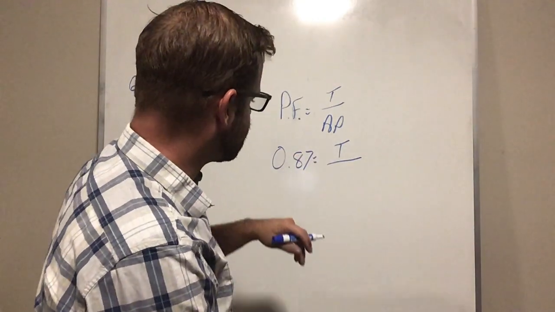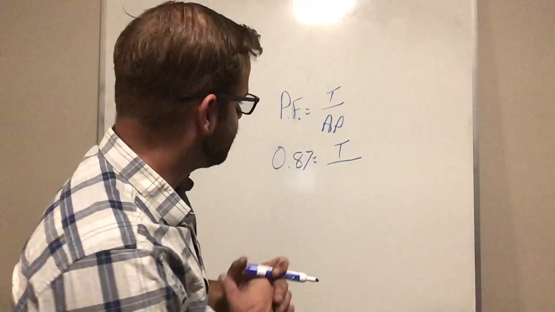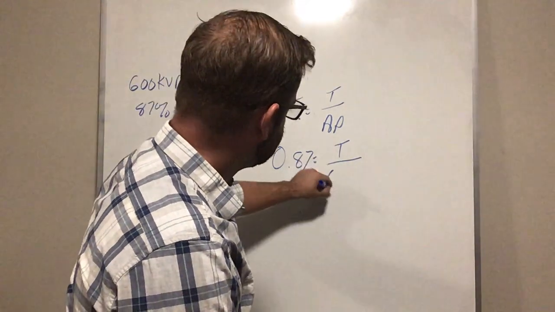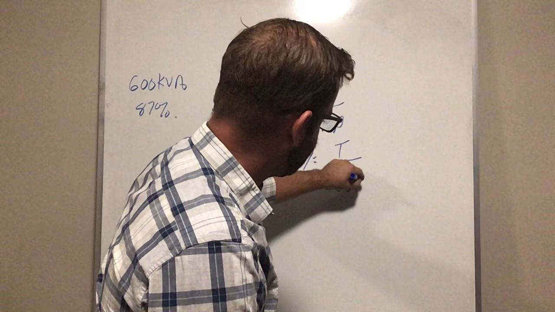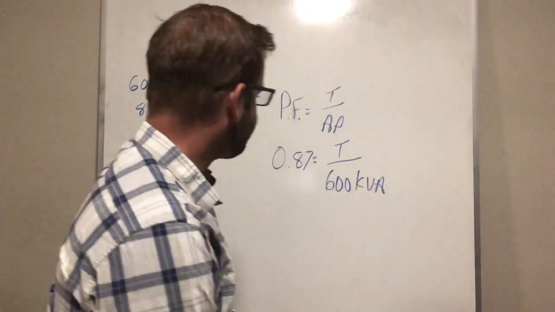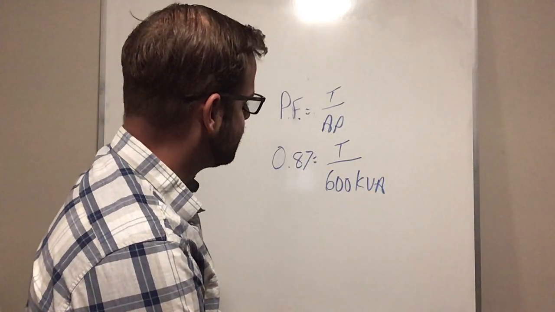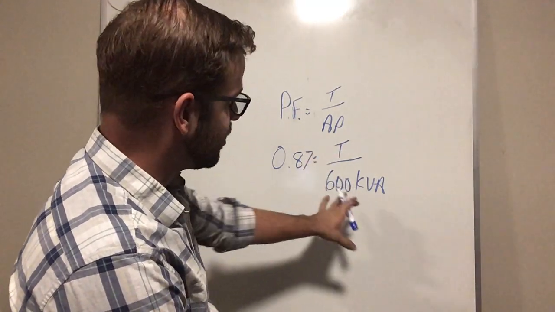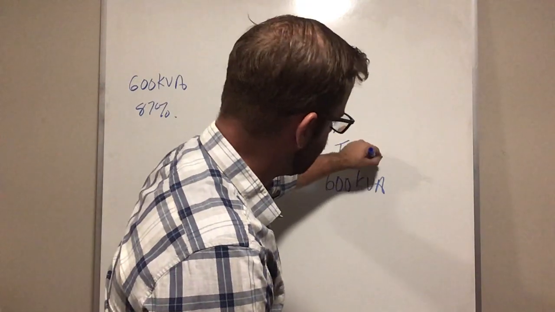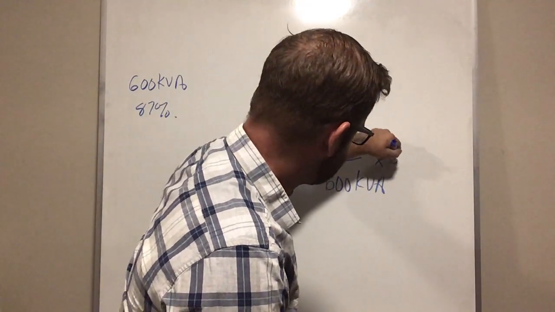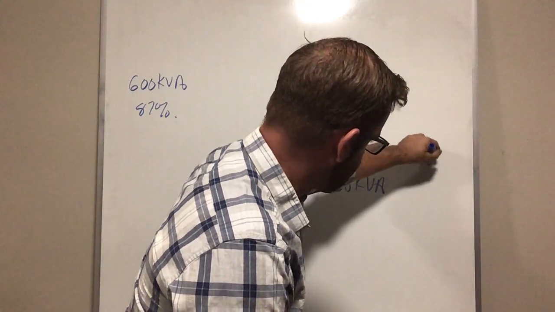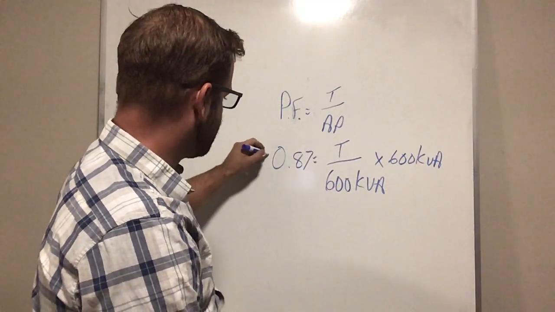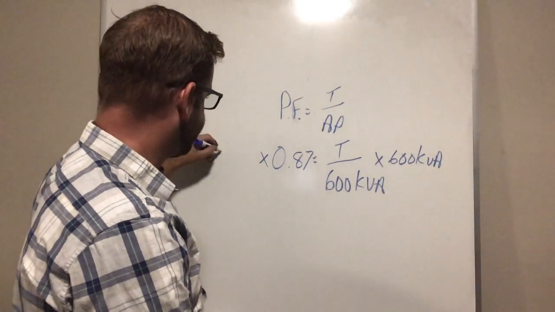When we do questions like this, I find sometimes it's easier to put the values in rather than rearranging first. 600 kVA. And always when you want to isolate something, whatever you do to one side, you have to do to the other. So I'm going to multiply by 600 kVA on both sides just to get the division out of there. Multiply on this side by 600.